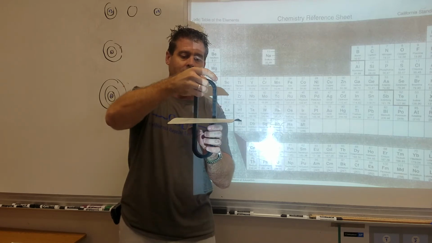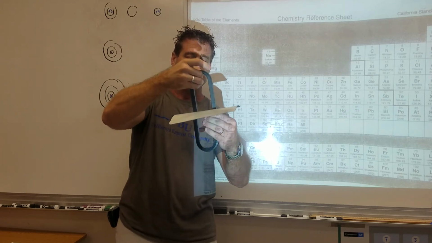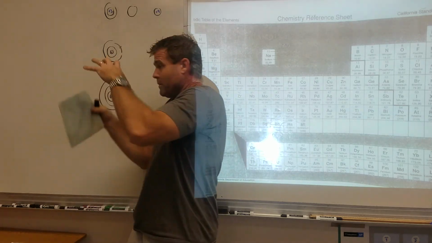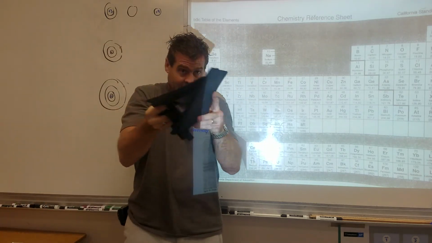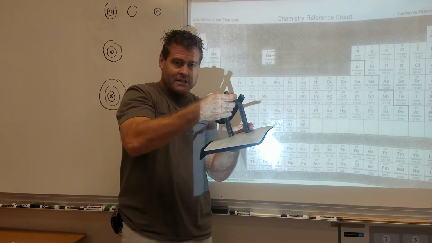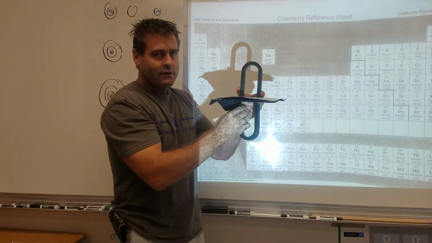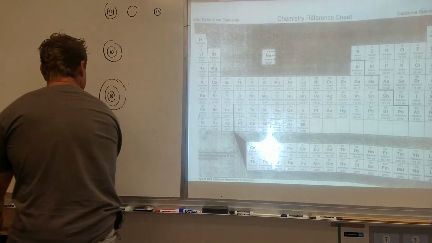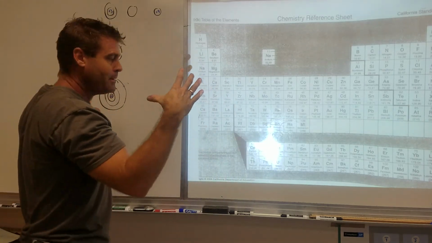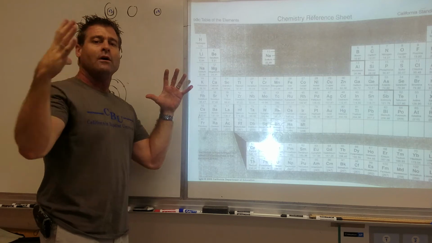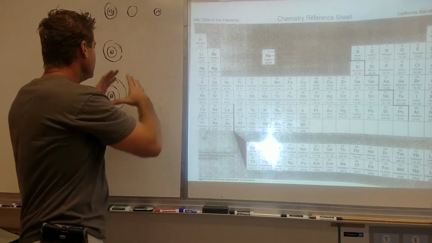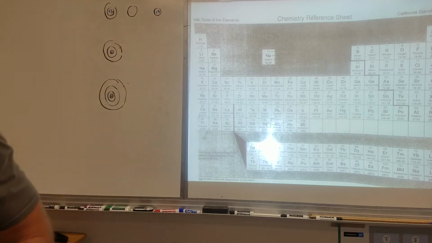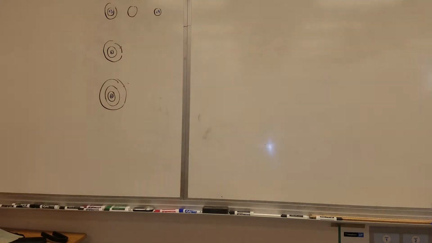It wouldn't hold as well. And what if we had more and more shells of electrons? What does that do to the force of attraction between a nucleus and the outer electron? It's even weaker. So if it's weaker, where would you expect the electrons to go? Would they be pulled in closer, or would they be moving out further from the nucleus? They'd move out further, and therefore that would explain why the atomic radius increases.